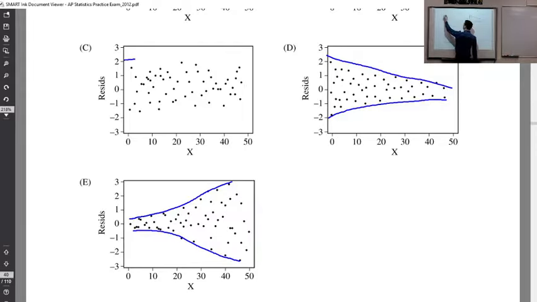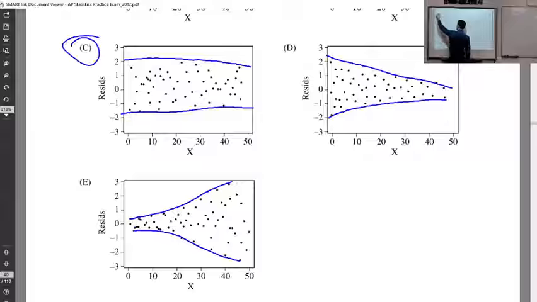Whereas here, the balance of how spread out the data points are is about the same throughout. Basically, my spread from left to right stays about the same. So C is your best option. That followed both the linear condition and the equal variance condition.